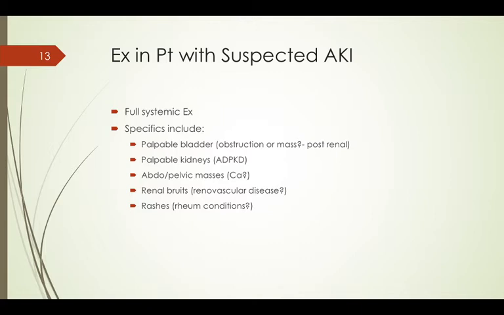So if you've got something like a palpable bladder, you may be thinking of an obstruction, a post-renal cause. If you've got palpable kidneys, could it be due to polycystic kidney disease, in which case it would be an intrinsic cause of an AKI. Any pelvic masses, again, causing a post-renal obstruction, like an extrinsic picture. Renal bruits, so things like renal artery stenosis, and rashes, again pointing towards SLE and other rheumatological pathologies.